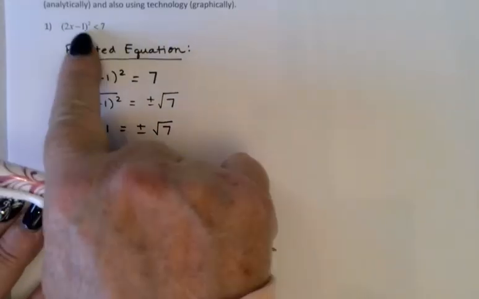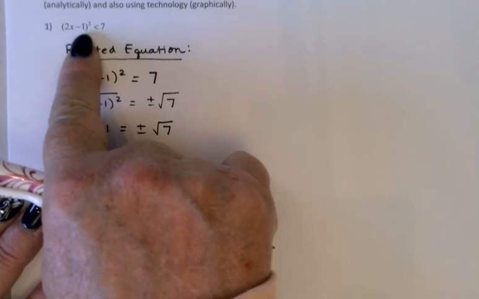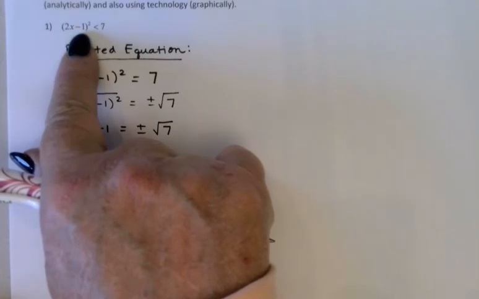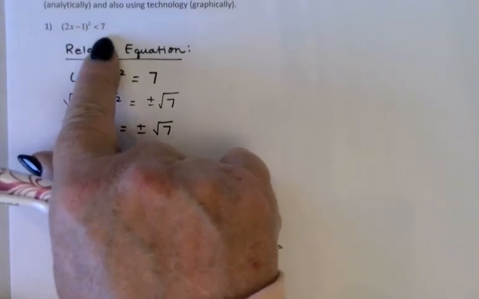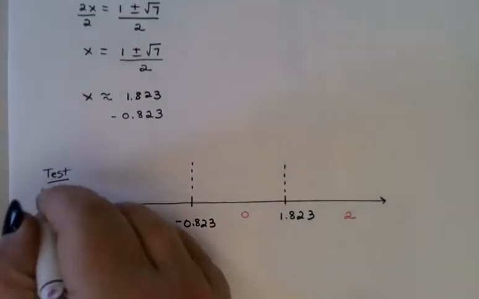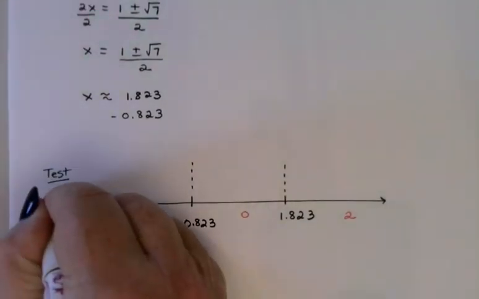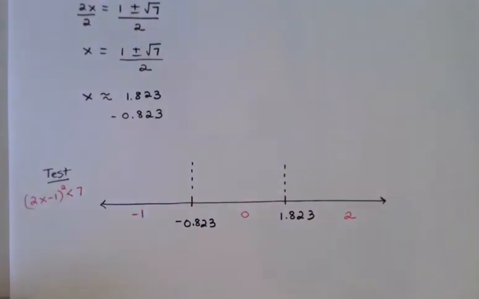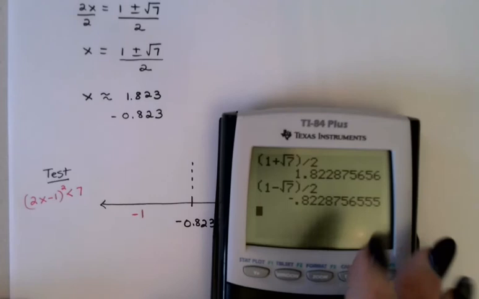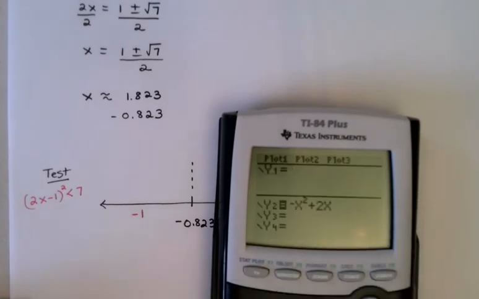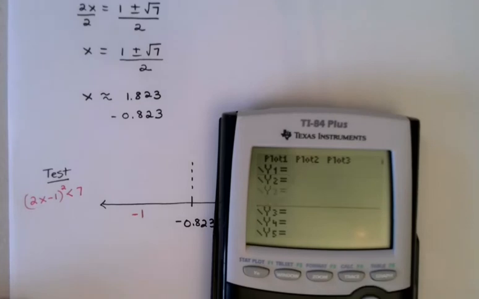And again, my original inequality, what I'm testing for, is 2x minus 1 squared is less than 7. I'm going to use a calculator table just to make my job a little bit easier.